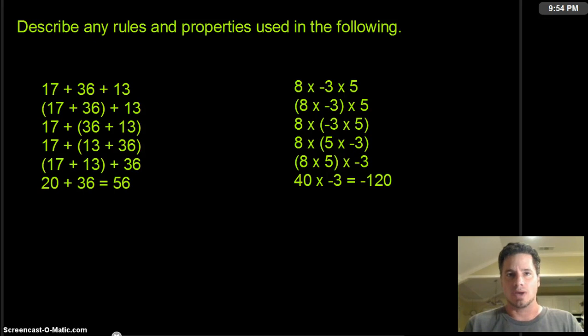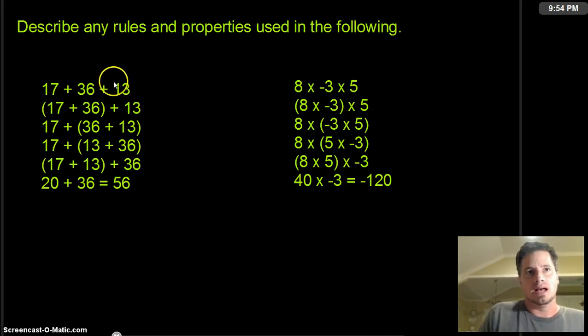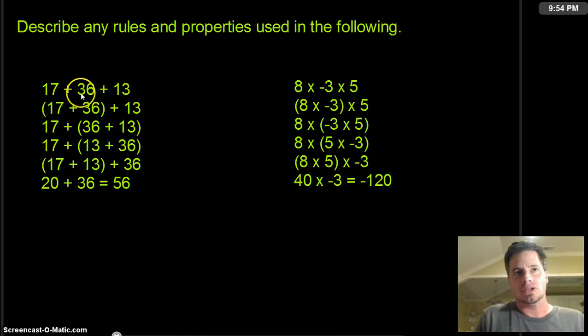Okay, moving on. Let's see what we got here on the next page. Describe any rules and properties used in the following. Now, if we see three numbers added together, what do we need to do first? Well, we move from left to right, and so we're going to add the first two together first. What tells us we can do that? The order of operations.